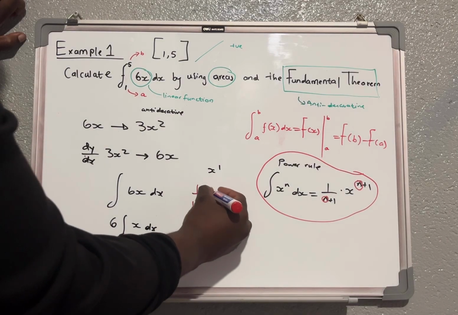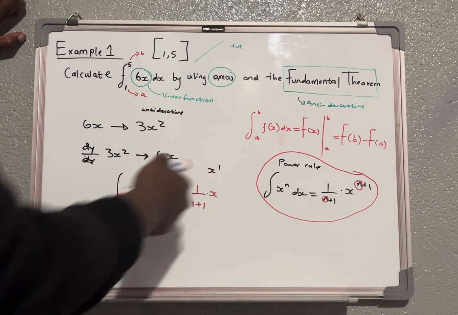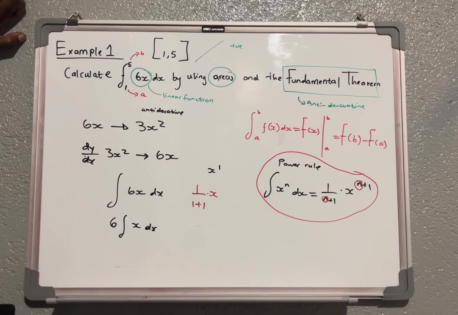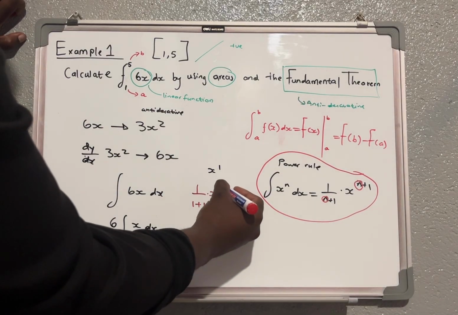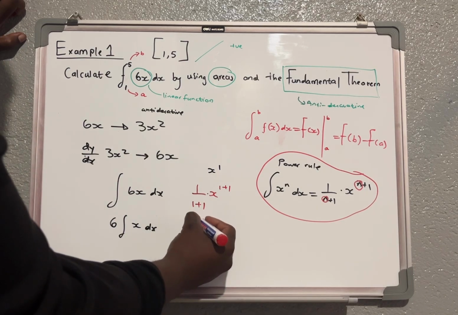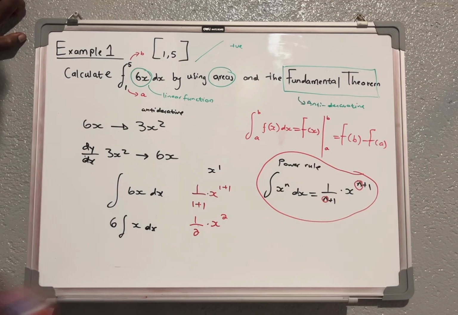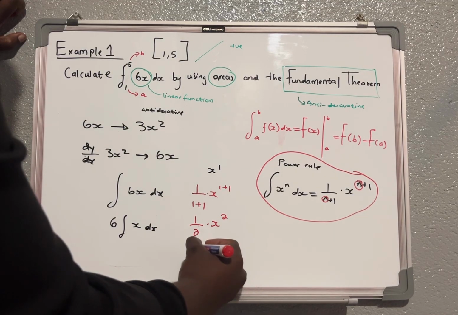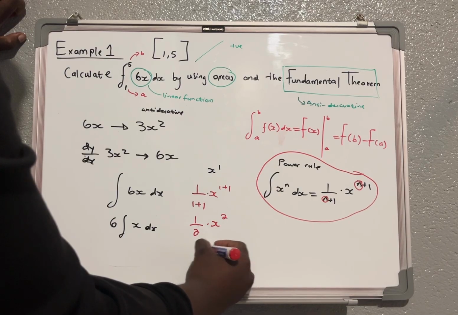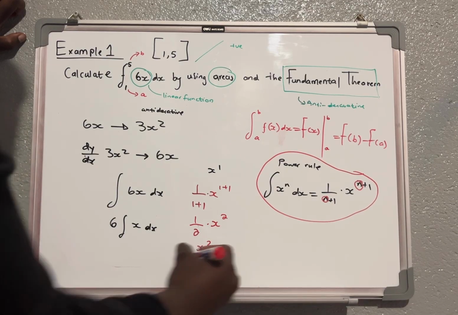Then here we still have our x. Remember, this can be t or any other random letter. Then here you still have your 1 plus your 1. This is the same as having 1 over 2 multiplied by x to the exponent 2. You see? So the final answer here is x to the exponent 2 over 2.